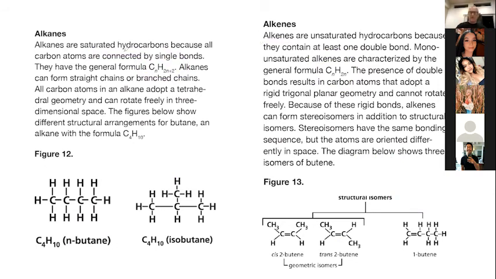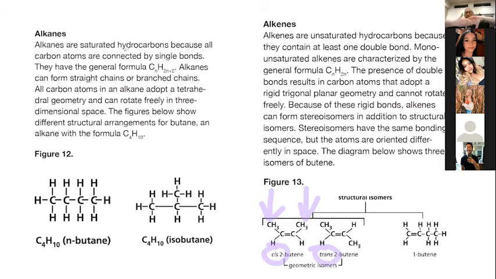So we call this cis butene and trans butene because of these methyl groups. When you make a double bond, you'll see that it's static. You can't bend them. These things are locked in place. And so when you have a double bond like that, if these are two carbons, they're locked.